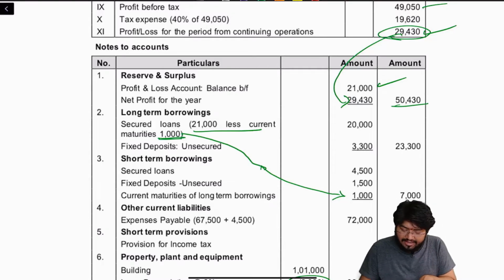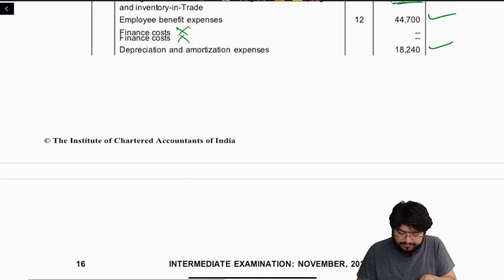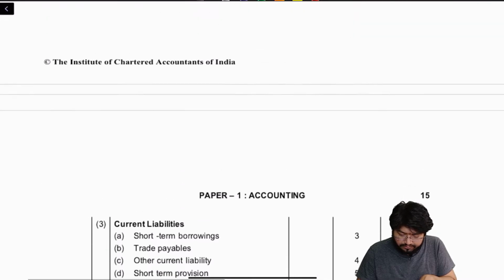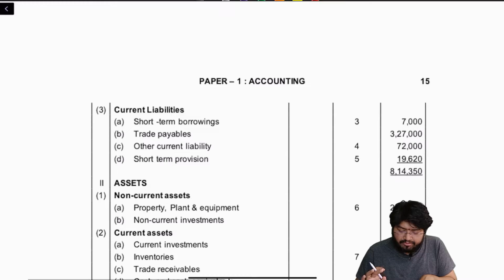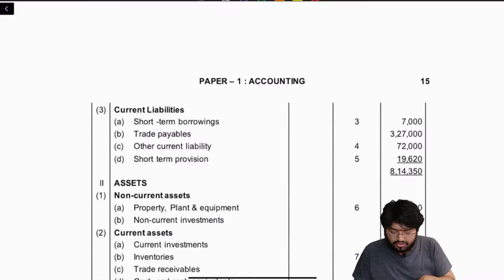All right. And then you have fixed deposits, which is with respect to unsecured loans. You have for the tune of 3,300, all put together 23,300 is what you show as non-current liabilities. And then apart from that, you only have current liabilities, where you have short-term borrowings to the tune of 7,000.